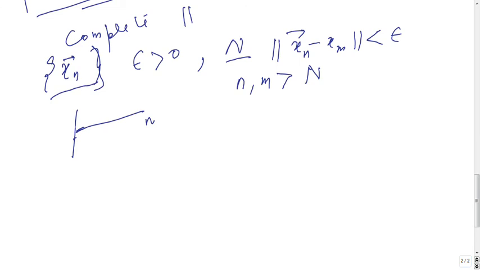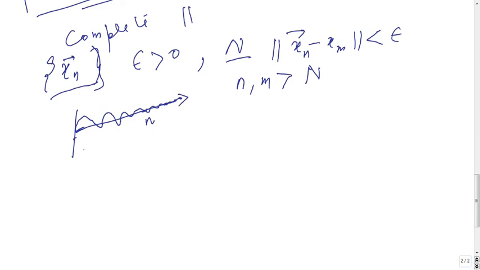Then you can understand that as my sequence goes into higher indices, the distance dies and becomes 0.